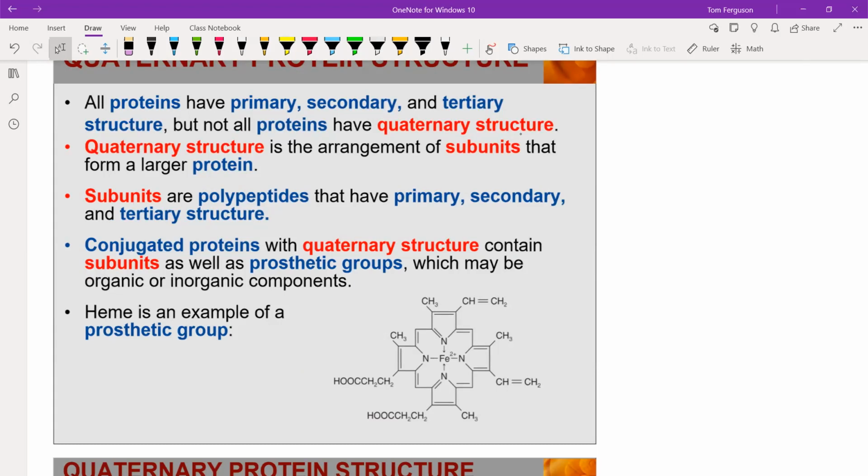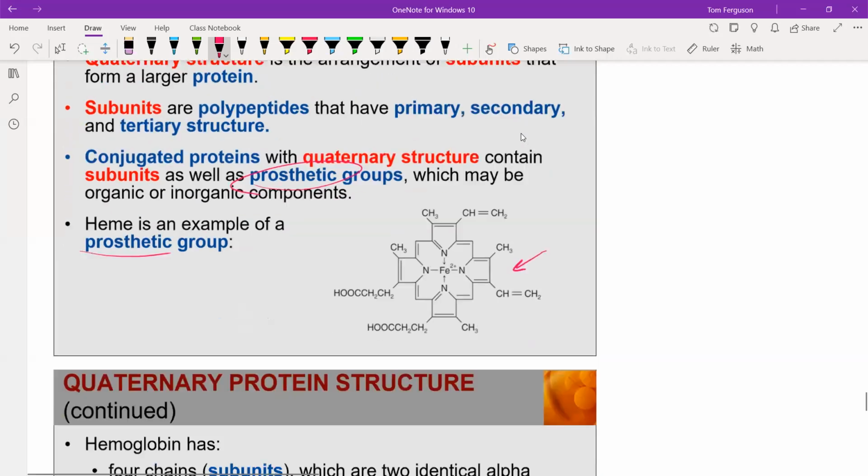That includes metal complexes like this. We call them prosthetic groups. I don't like the adjective prosthetic. I think it's an internal part of the protein, so it's not something that's added on. I don't know where they got the prosthetic naming of that.